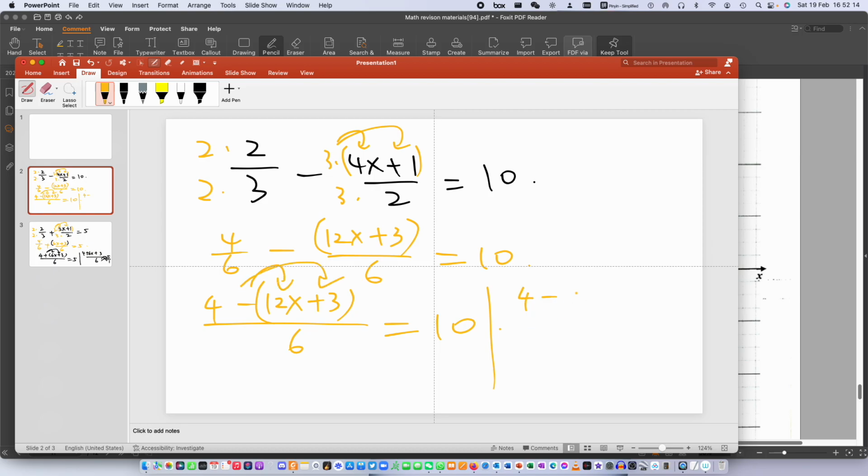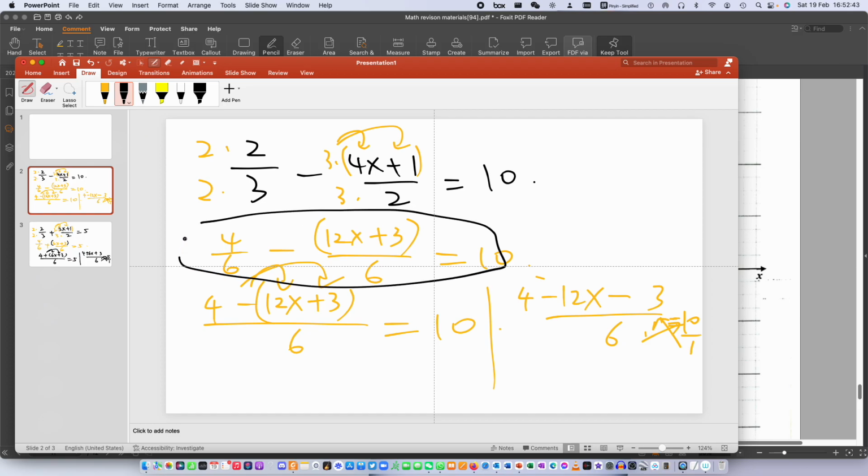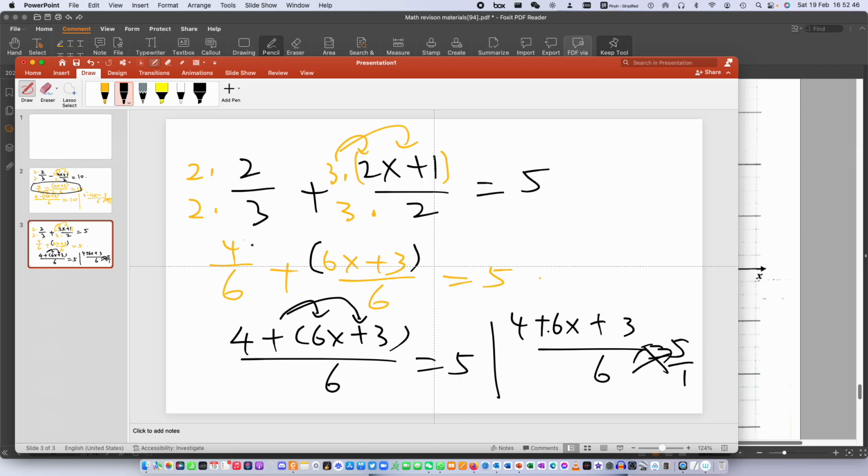What's the first arrow? Minus 12x. What's the second arrow? Minus plus 3. Becomes? Minus. Then after that, cross multiply, right? Yeah. Okay, good. So now, my question is when you put the bracket. When? It's not because whether it's plus or minus.